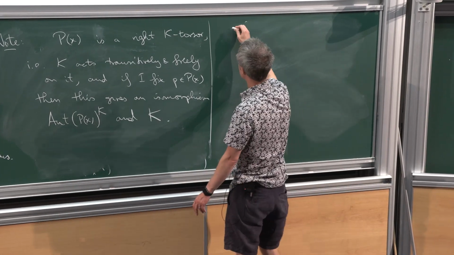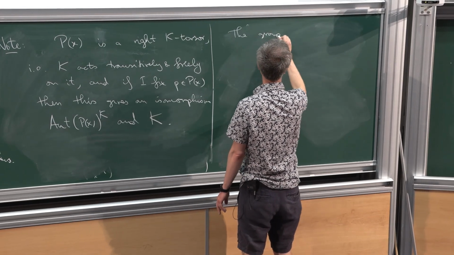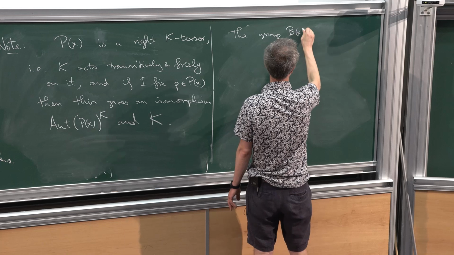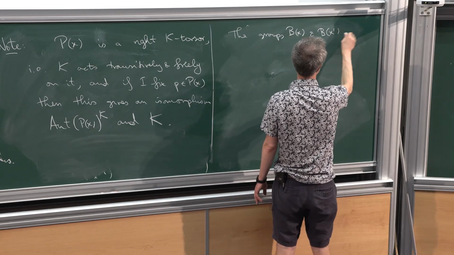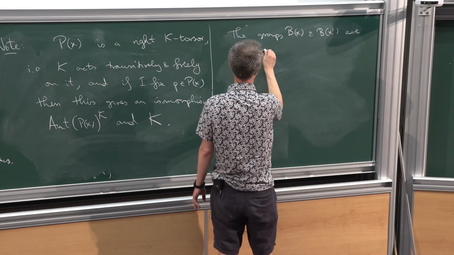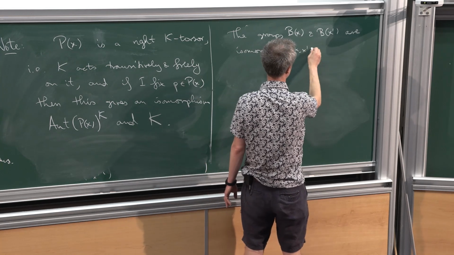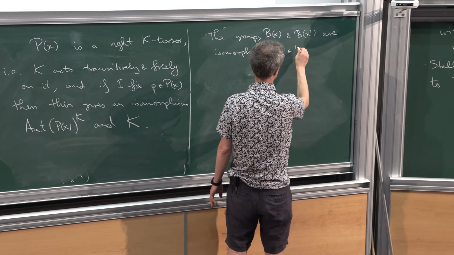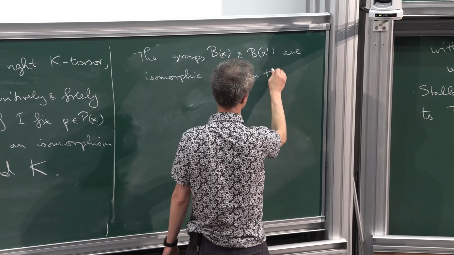So the group B of x and these groups B of x prime are isomorphic for any x and x prime that are in the same path component.